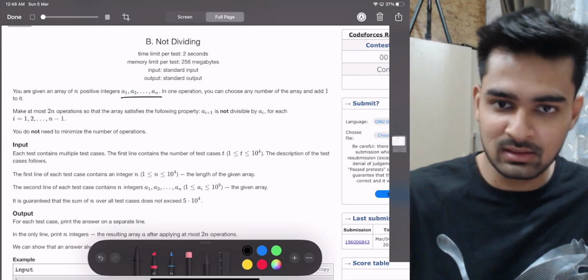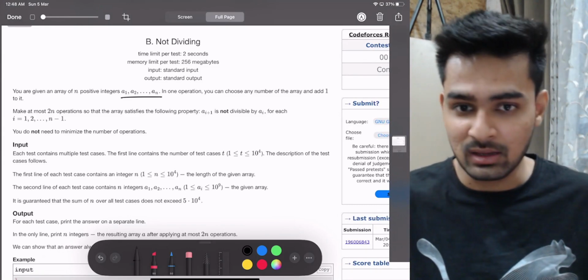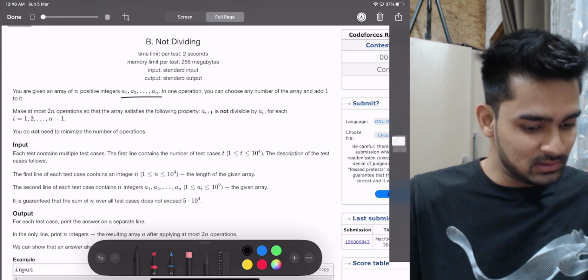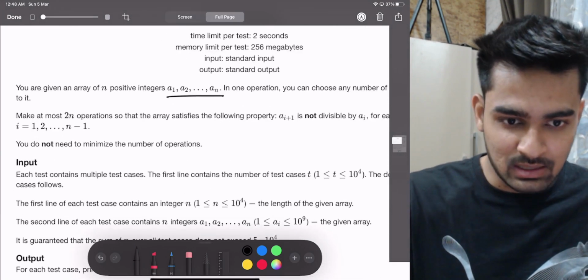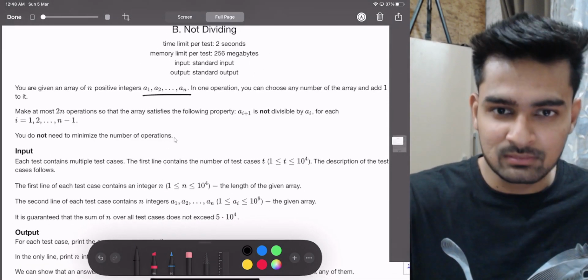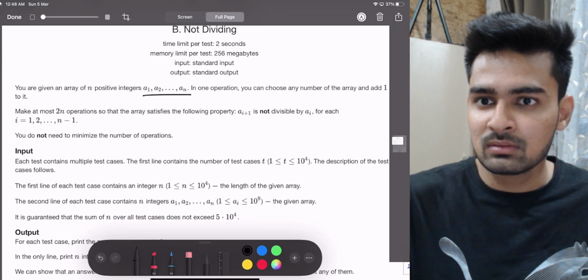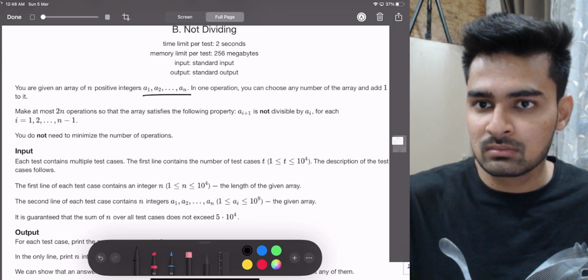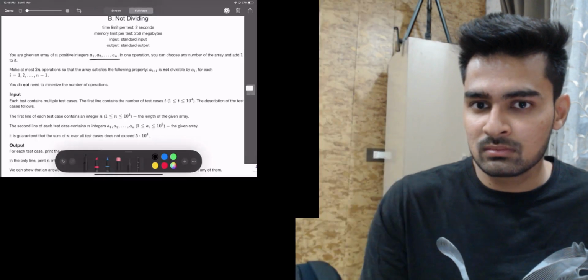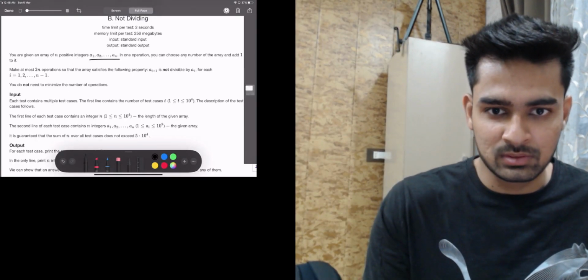Just a second, I think there's some lag between my video and the screen. Yeah, there is some lag. Just give me 1 second. Oops.